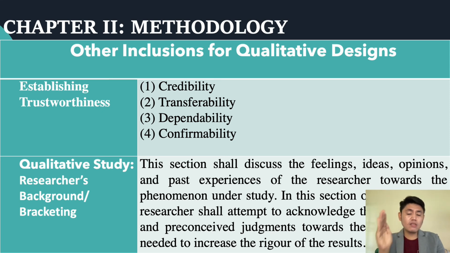Kasi nga ikaw lang yung nag-analyze dyan. There are no numbers to support what you are claiming to be true. Okay? So you have to establish trustworthiness by identifying the different strategies that you will do to establish the rigor of your paper or the truthfulness of your paper by establishing credibility, transferability, dependability, and confirmability.